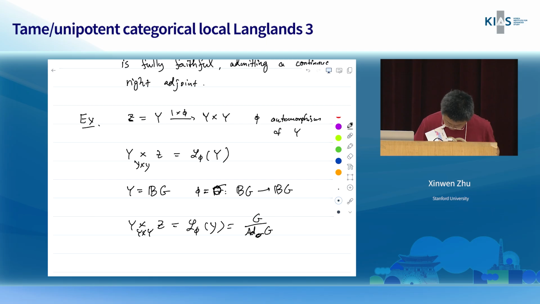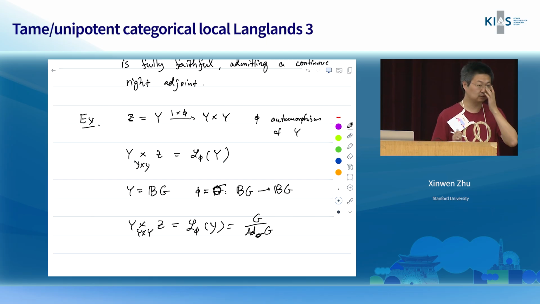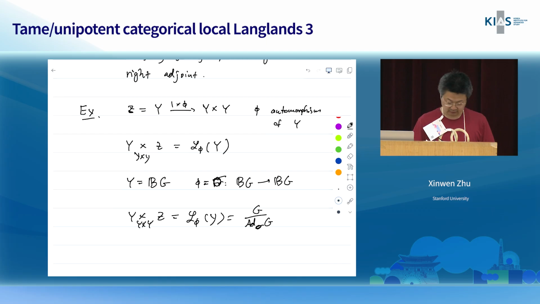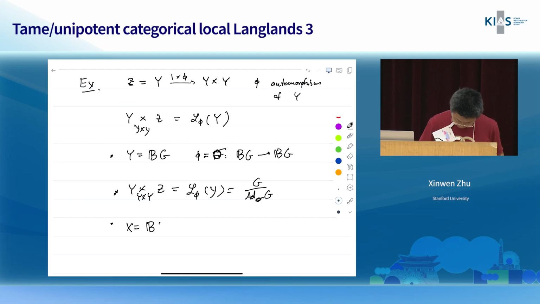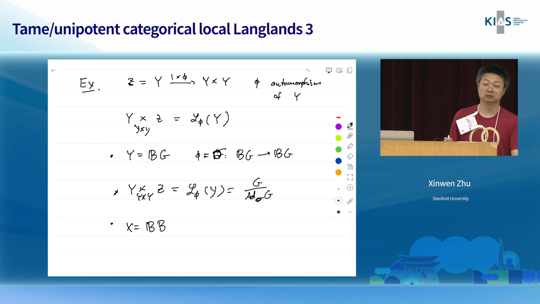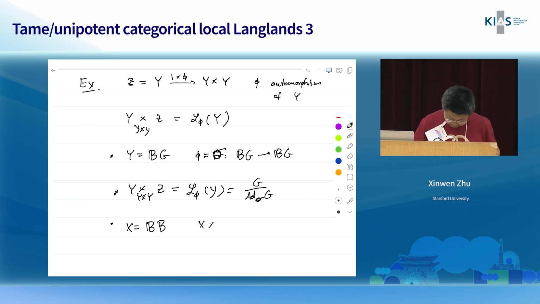Sorry, this is G. And in this particular case, if you take X to be the classifying space of, let's say, some Borel B, then X times X over Y will be BB times BB over BG, but that's just G mod B mod B.